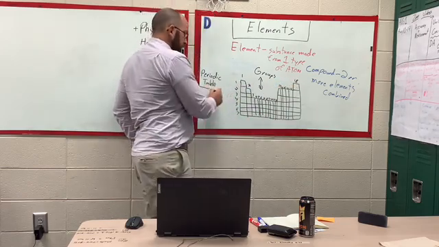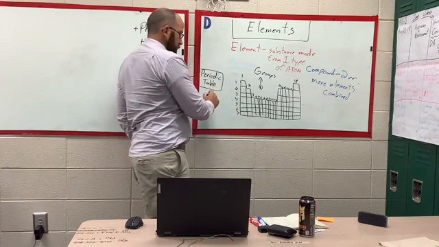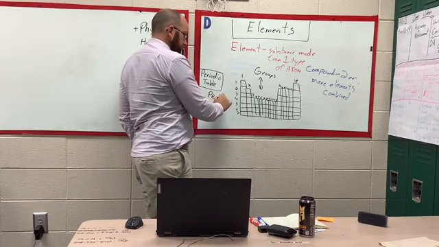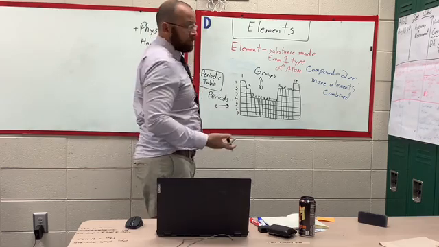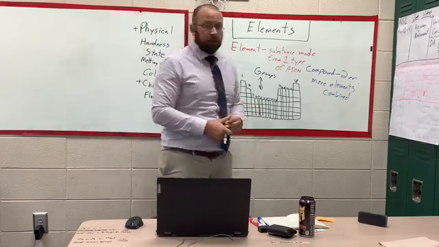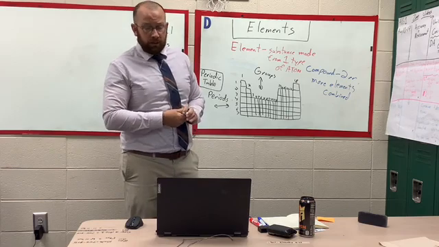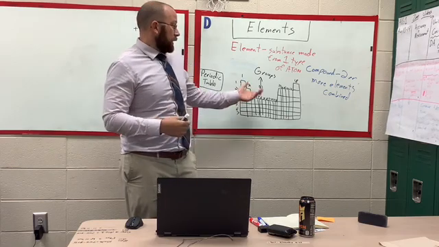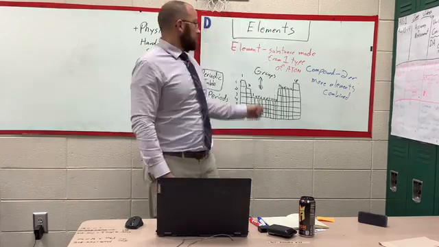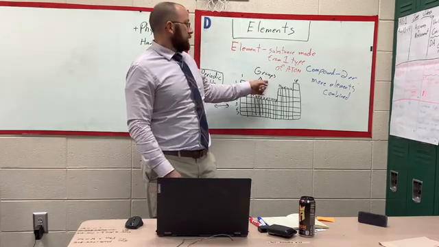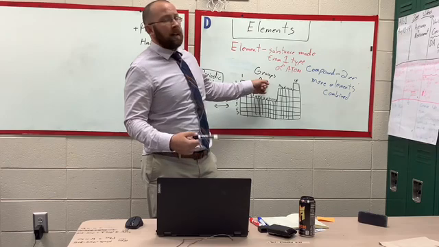Now, left and right, you have periods. So that's your rows. There's 7 periods here on this one. And if you do a little bit more in the reading, it'll explain what the groups and periods actually mean. I'm not going to get into that here. What I will say about groups is they have similar chemical properties.